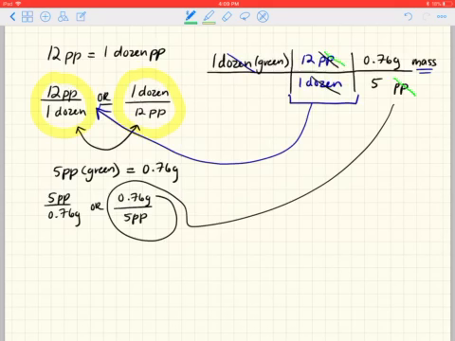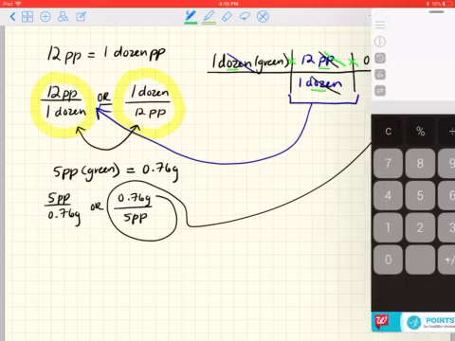The reason for this is that the way the grid is set up, everything on top is multiplied, everything on the bottom is divided. So if I have packing peanuts on top and packing peanuts on the bottom, they cancel out. Since I have dozen on top and dozen on the bottom, they also cancel out. So I am conveniently left with grams, which is a measure of mass. So I know that I have set up everything correctly.